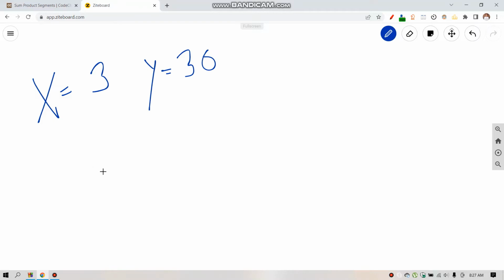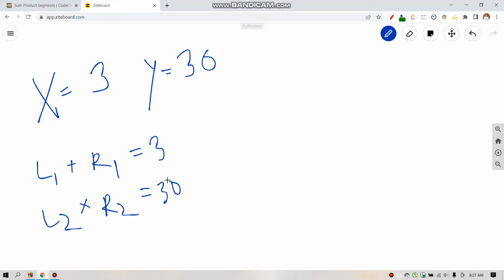So we have to find two values like L1 and R1, so that adding them gives us the result 3, and L2 cross R2 should equal 30. Now as we should find two variables L2 and R2 such that multiplying them gives us 30, first of all we can find all possible divisors of 30 by running a square root n loop.